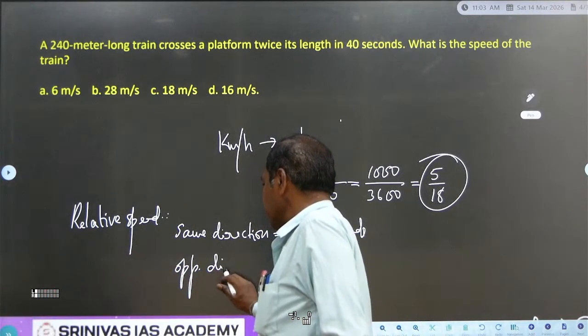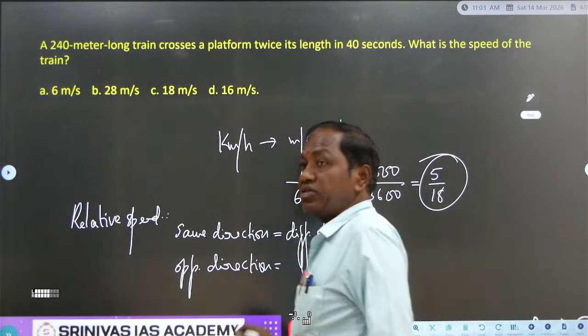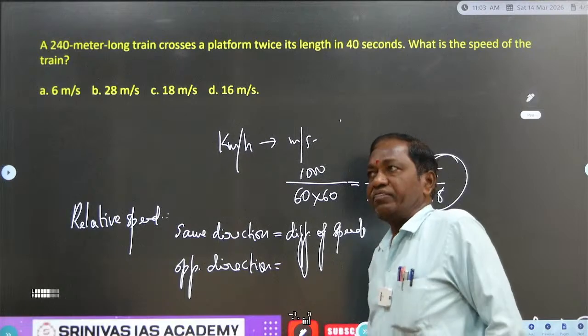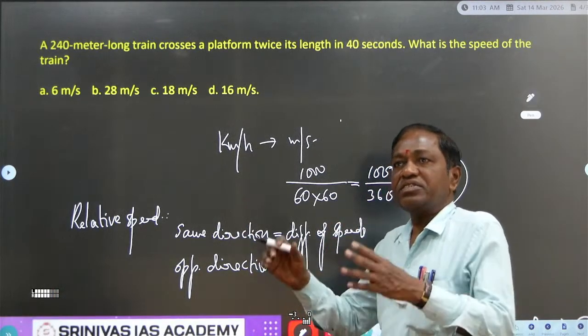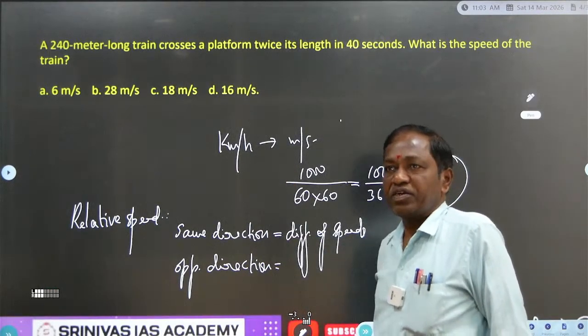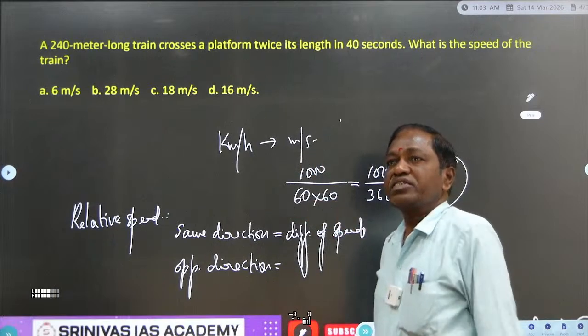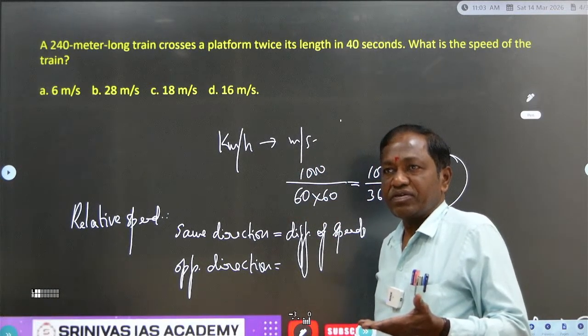Opposite direction. Which means we will meet at 30 kilometers? No, that depends on the distance. Let us say from Bangalore to Tumkur is 100 kilometers. You are traveling at 60 kilometers per hour, I am traveling at 40 kilometers per hour.